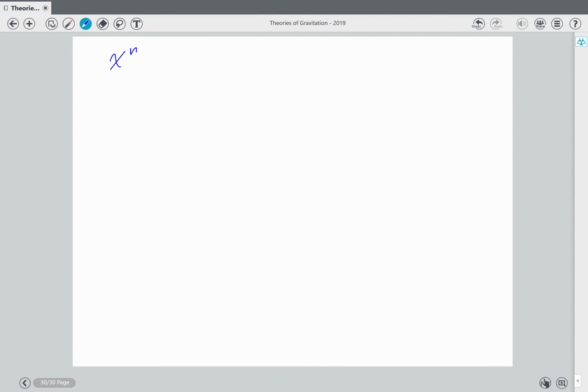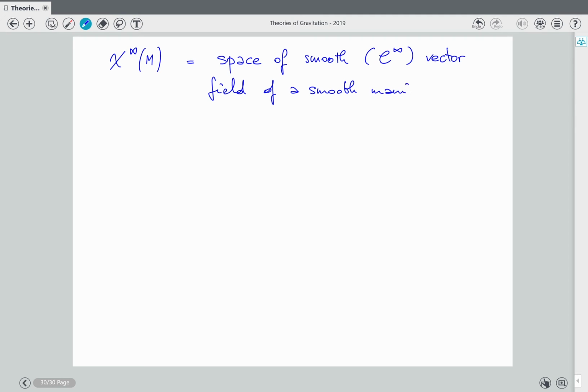Chi infinity M denotes the space of vector fields, the space of smooth vector fields, which means infinity vector fields, of a smooth manifold.